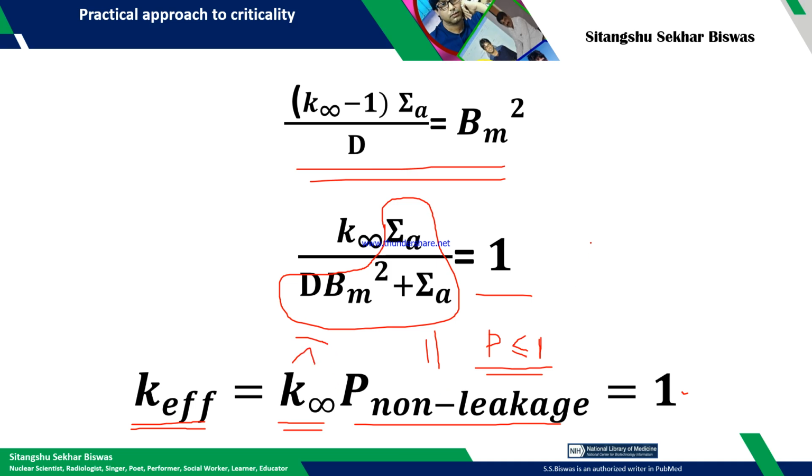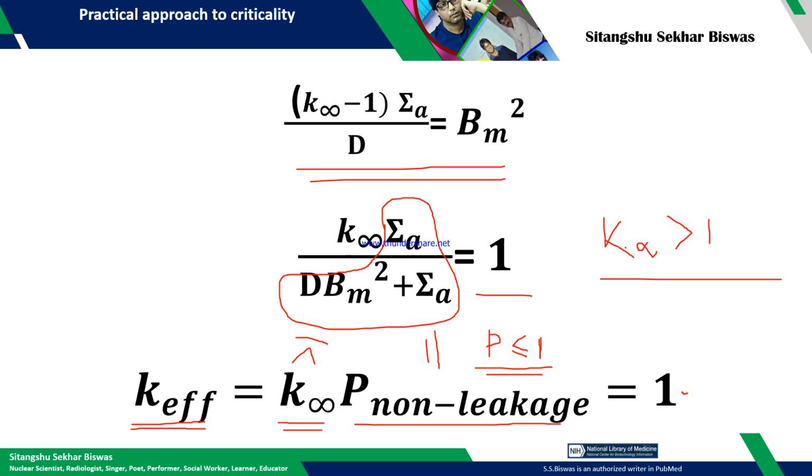When you are designing the reactor, this k infinity should be greater than 1, because otherwise, if you consider this equal to 1 or less than 1, the reactor will be a subcritical design.